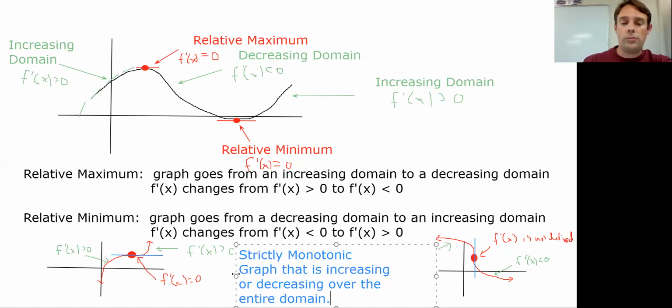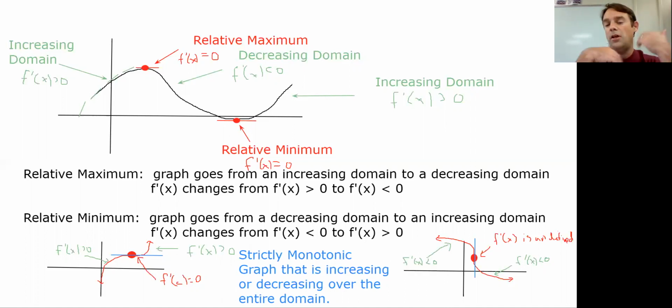But relative extrema exist when the derivative changes signs. When the graph goes from increasing to decreasing, or decreasing to increasing, when the graph changes directions, that's when we have a relative extrema. And that's what we're playing with today.